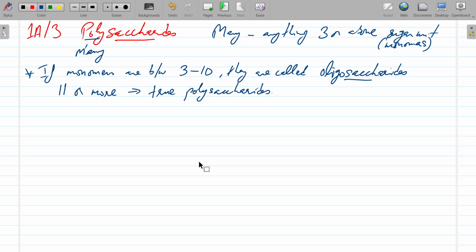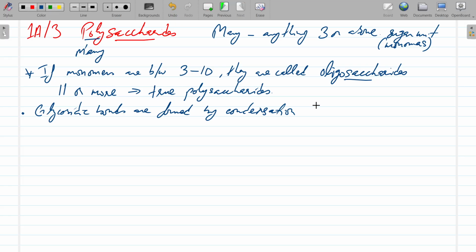We already talked about the fact that glycosidic bonds are formed by condensation, and so you have loss of a water molecule for each bond formed. Keep that in mind.